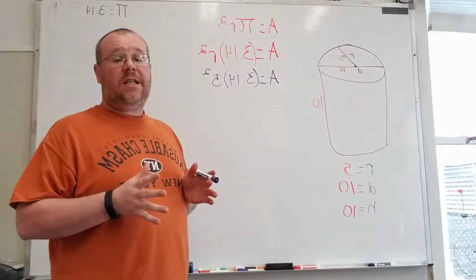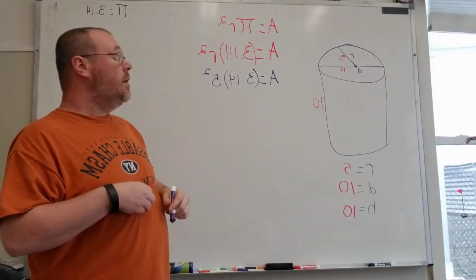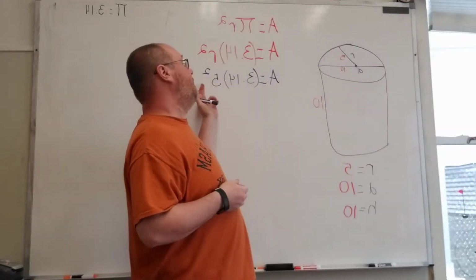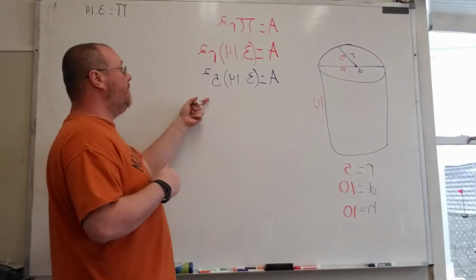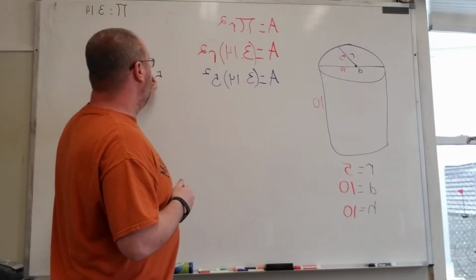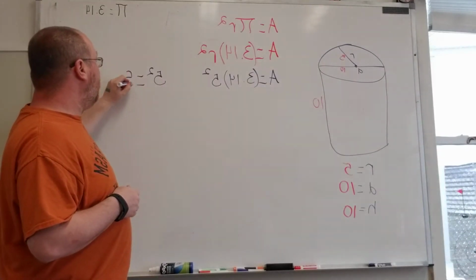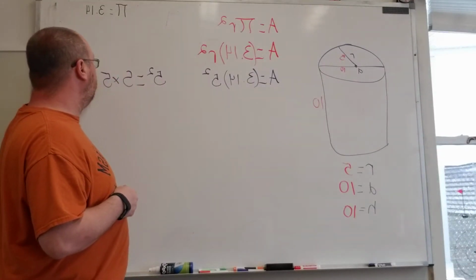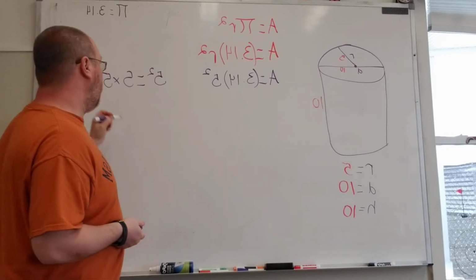What's the biggest mistake people make when we try to solve 5 squared? People try to multiply 5 times 2. The correct way to do it is 5 times 5. 5 squared equals 5 times 5 equals 25.